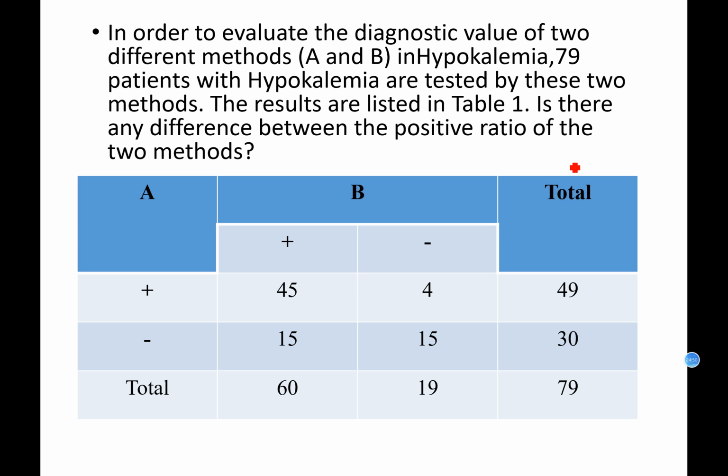So now the point is the second step. How can we get the test statistic, namely the chi-square value? In paired samples, we need to use a different formula for the chi-square value. This formula is chi-square value equals (b minus c) squared over (b plus c).